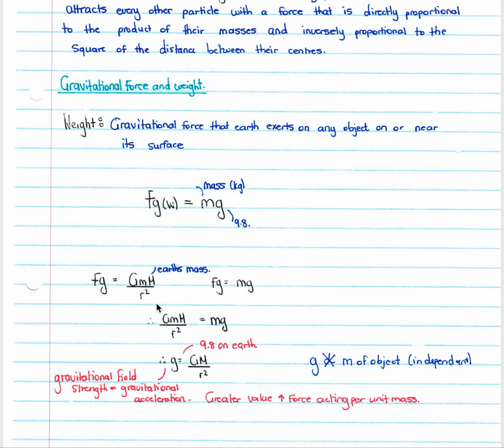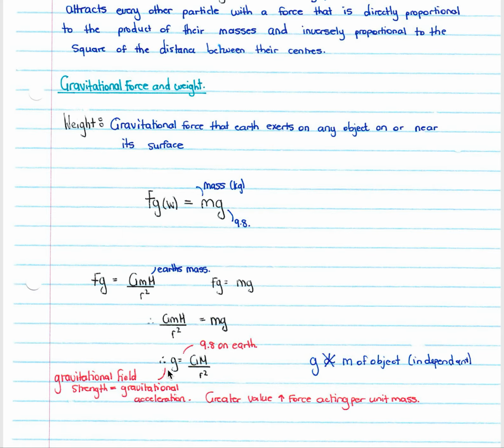From these two equations, if Fg equals mg and Fg equals G M over r squared, we can equate them and get g equals G times M, being the mass of the Earth or the mass of any planet you're trying to find the acceleration due to gravity on, over r squared. So g is your gravitational field strength, your gravitational acceleration, which is 9.8 on Earth, but they will sometimes ask you to calculate it on other planets, and this is how you will do that.